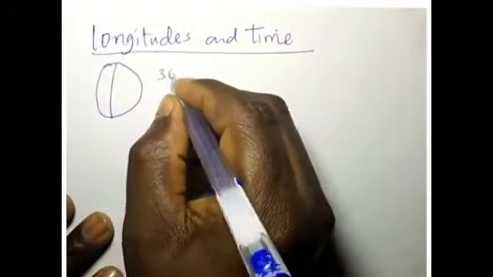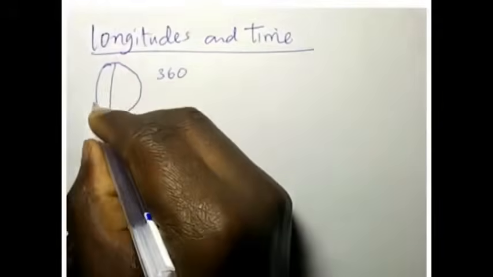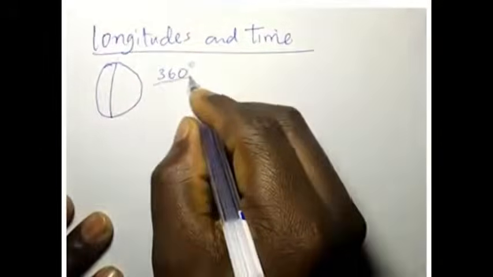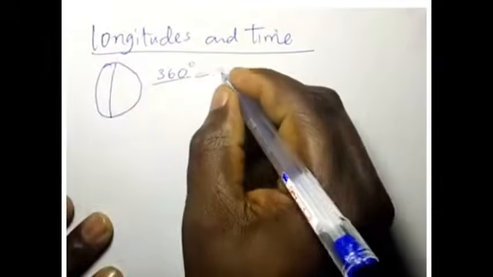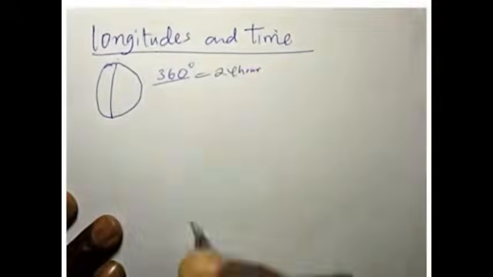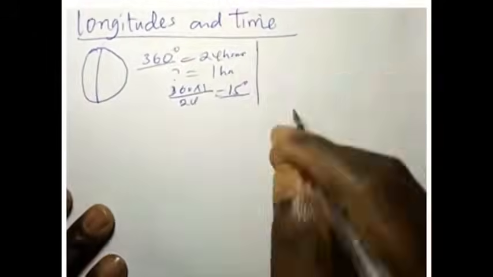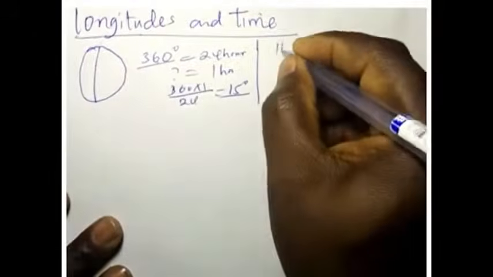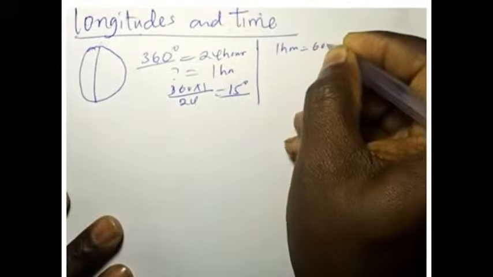At an angle of 360, one revolution covers 360 degrees, and this one takes 24 hours, a day. So let us find what will. We know that 1 hour is equal to 60 minutes.